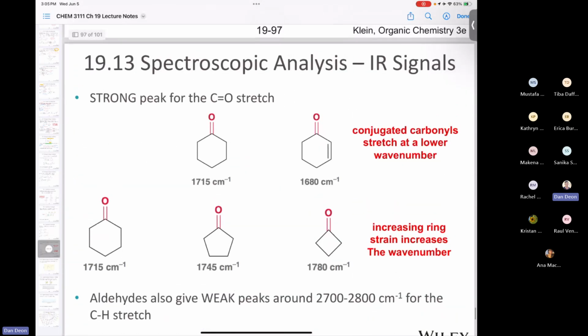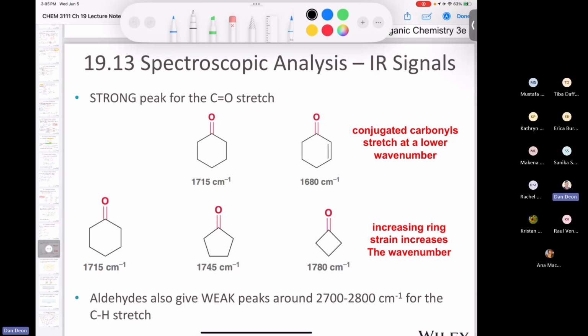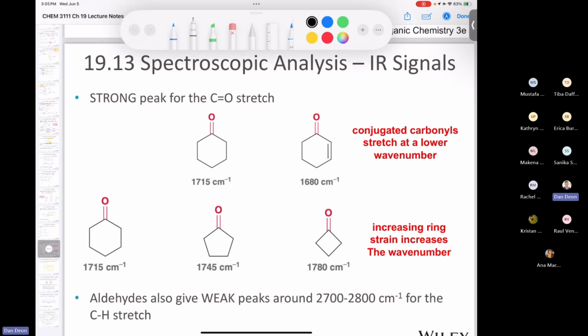We solved those problems. And just to remind you of a couple of things with respect to aldehydes and ketones, if you don't remember the carbonyl stretch, and this is a question that I've seen come up on a final exam before. Let's say you have the carbonyl stretch of a ketone, like this one is at 1715 centimeters to the -1. Once you conjugate it, what that does is it weakens the bond.